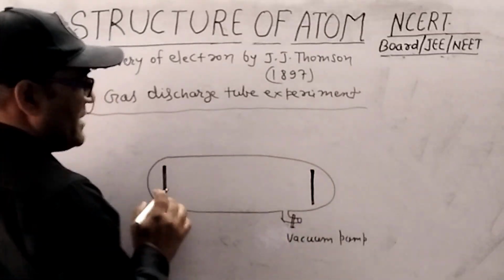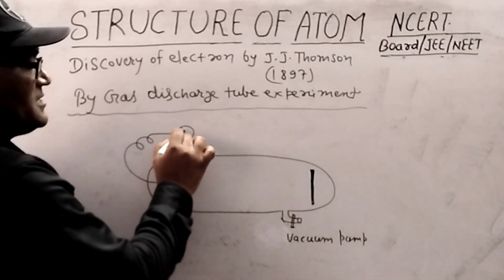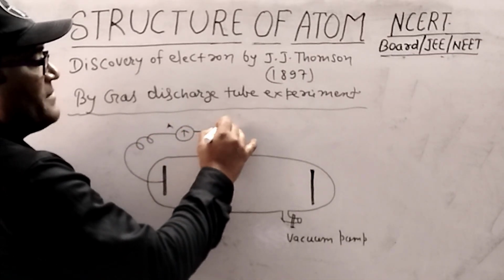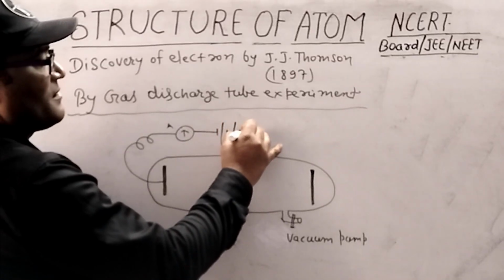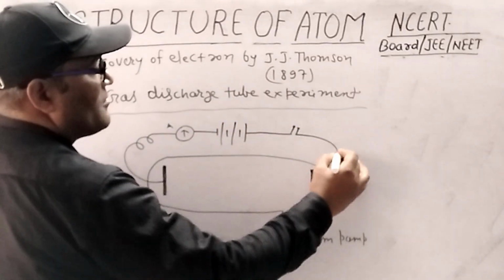Both are metallic electrodes and both electrodes are connected with ammeter, battery and key with the help of copper wire.